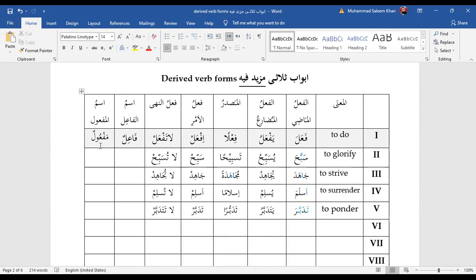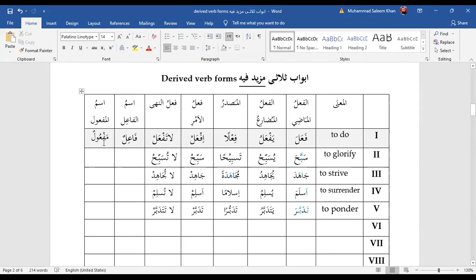All right, so if I give you a verb, for example, abada, so al-fi'l al-madi abada, al-mudari ya'budu, ibadatan, yes. And then we have fi'l al-amr, it will be u'bud, and fi'l al-nahi, لا تعبد, and then we have اسم الفاعل عابد and معبود. Okay, excellent.